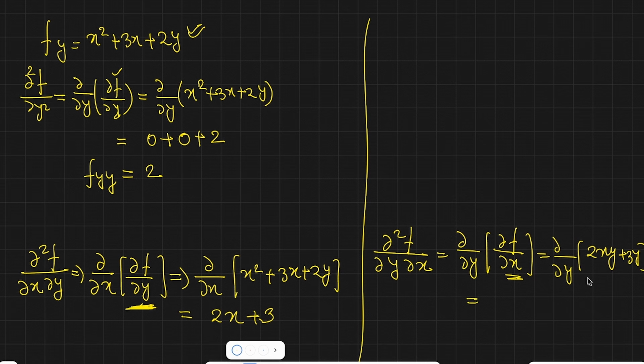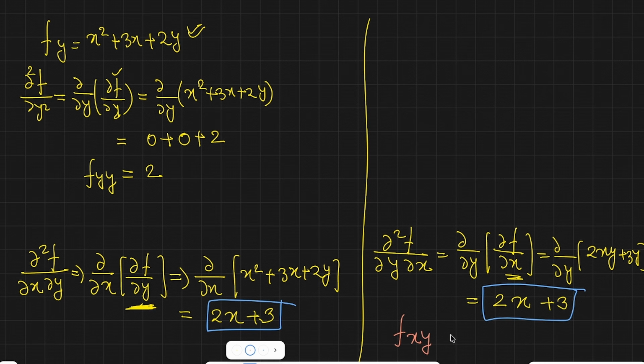Now you do the partial derivative with respect to y, that is x is constant, so it is 2x, partial derivative of y with respect to y is 1 and partial derivative of 3y is 3. Now see the magic, these both are same, this value and this value both are same. It means that partial derivative with respect to x then y is equal to partial derivative with respect to y and then x, both are equal. This is very important.